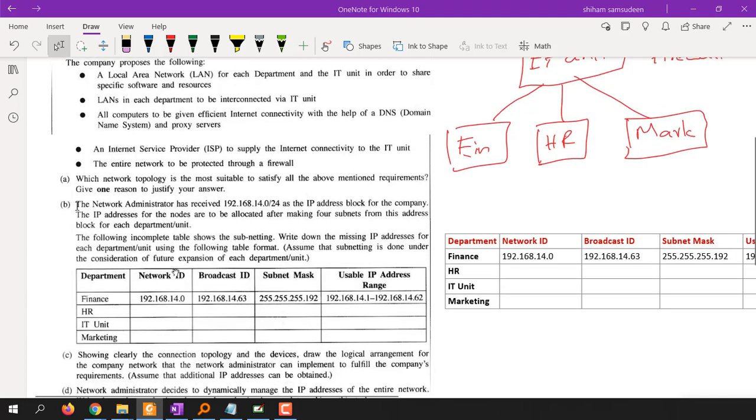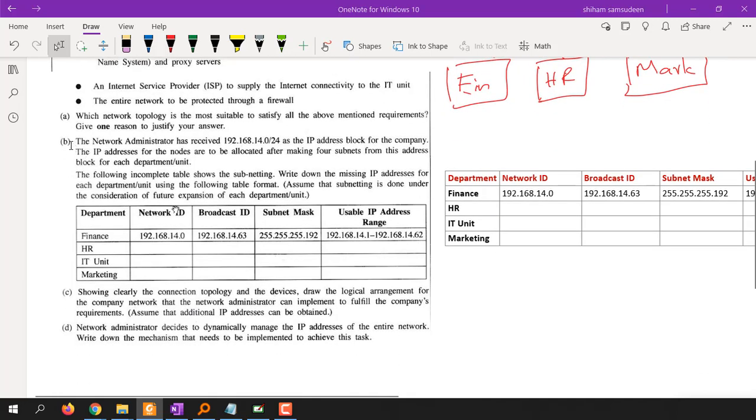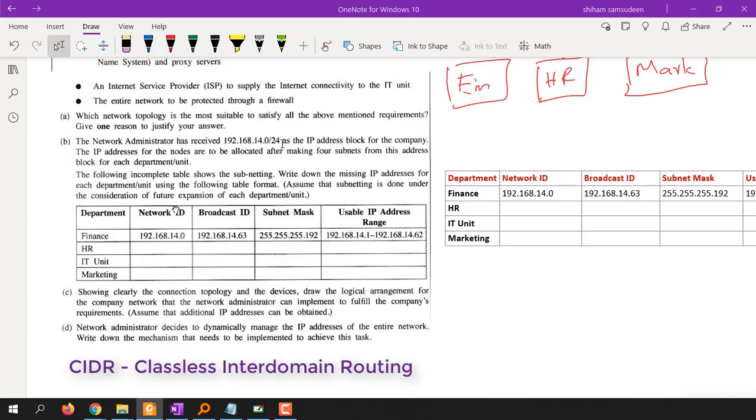And let's move on to section B. The network administrator has received an IP address 192.168.14.0/24. Here we can see this notation is called the CIDR notation, classless inter-domain routing notation.